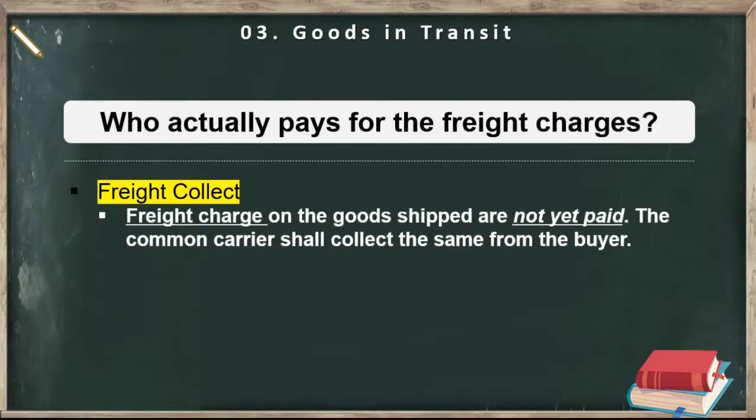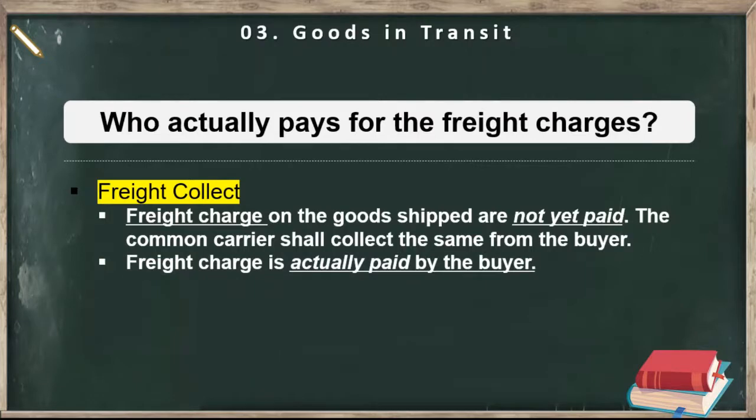Here, the freight charges on the goods are not yet paid, so the common carrier shall collect the same from the buyer. Since the freight will be collected from the buyer, the one who actually pays the carrier would be the buyer. That is how it works for freight collect.